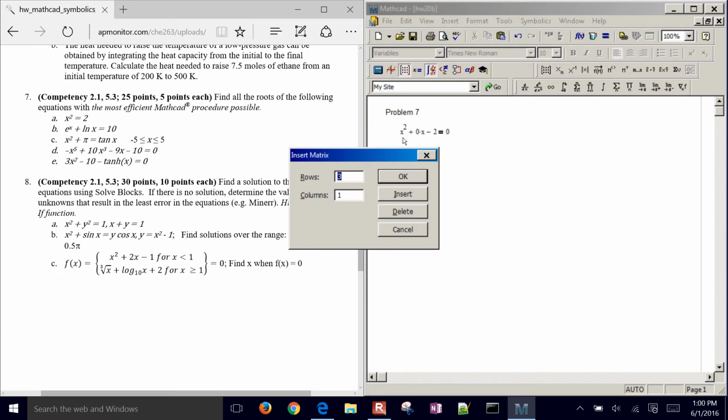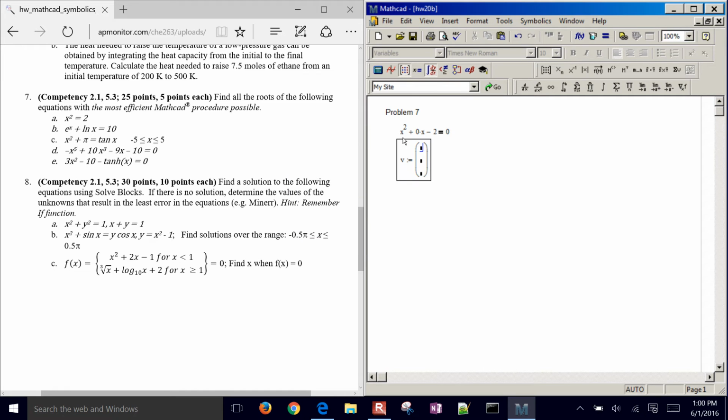I'm going to press Ctrl+M to insert a matrix, or you can do it from the toolbar at the top. Then I'm going to put in -2, 0, and 1, which are the coefficients in front of that. This is a polynomial, and if I do polyroots of v, then it shows me the roots of that.